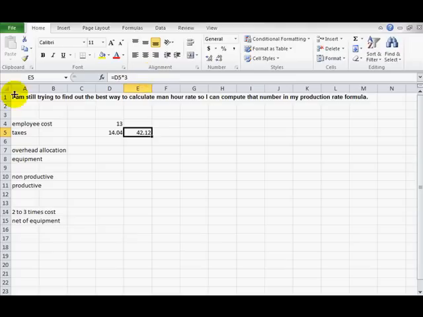Which is something else you want to think about, which is your non-productive and productive time. So let's again take this guy here that's $14.04 an hour. When you think about a guy that comes into the office and he has to load the truck, he's got to drive to the first job, he's got to fill out paperwork, he's got to sit through a training meeting, possibly maybe you meet him out in the yard and you go over some training.